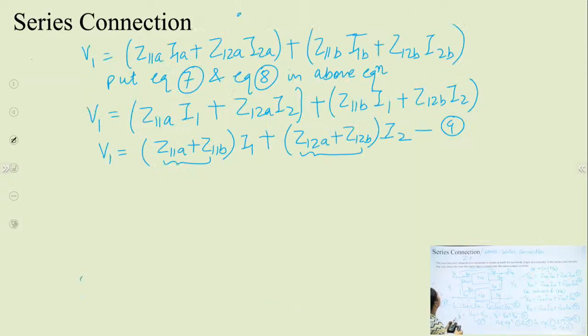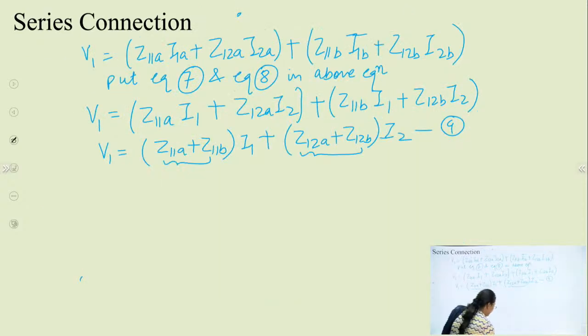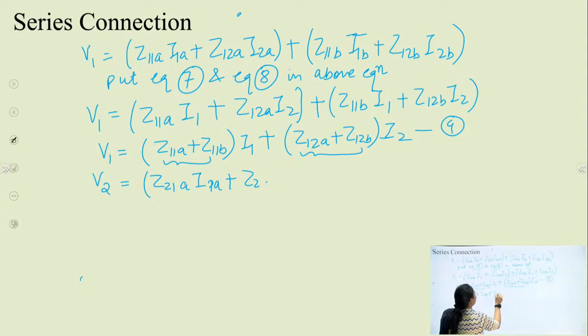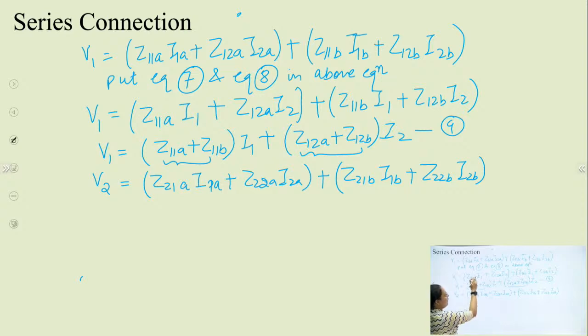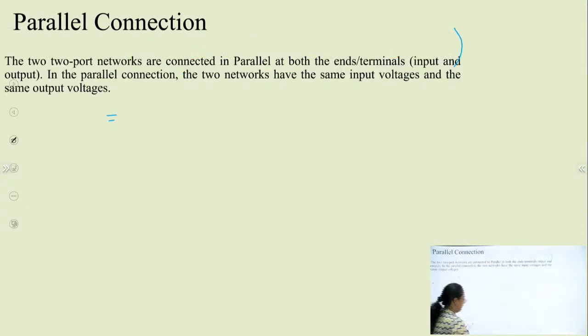Then V2 will be equal to Z21A I1A plus Z22A I2A, plus Z21B I1B plus Z22B into I2B.